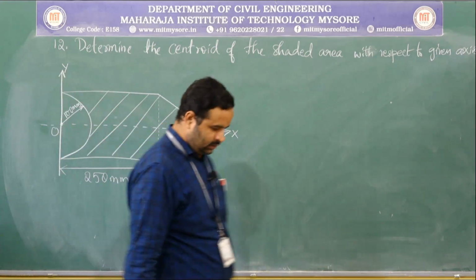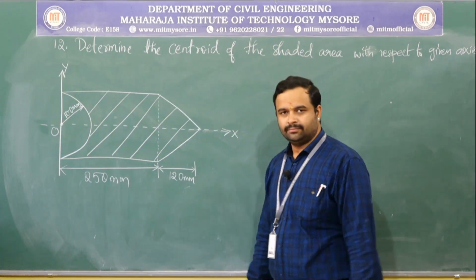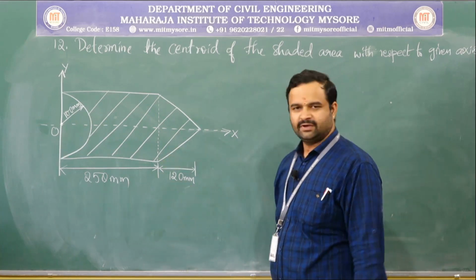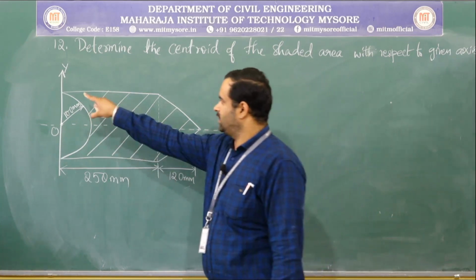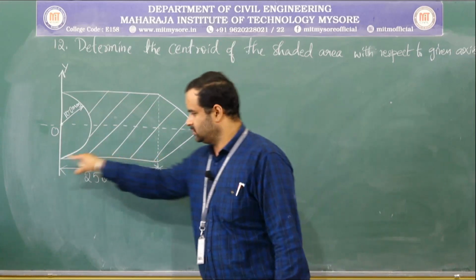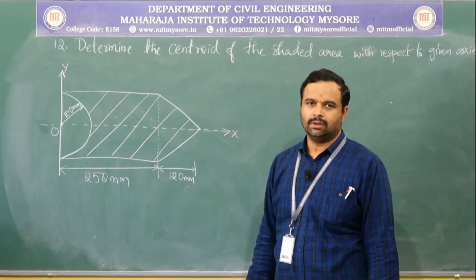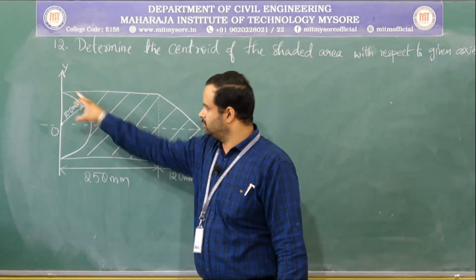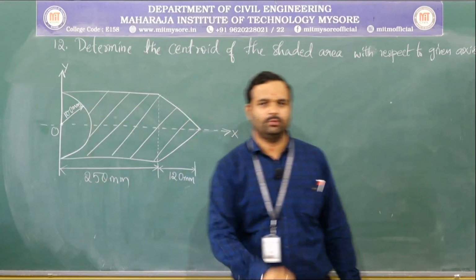In this problem, if you observe this figure clearly, we have the lamina of this shape, out of which we need to remove the semicircular portion.